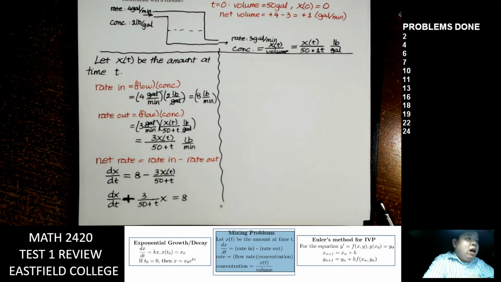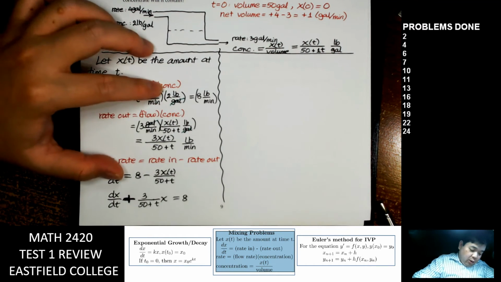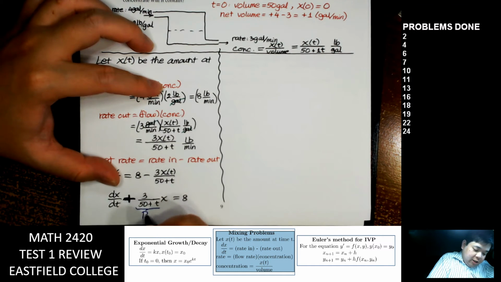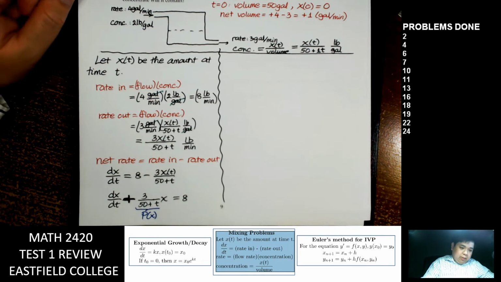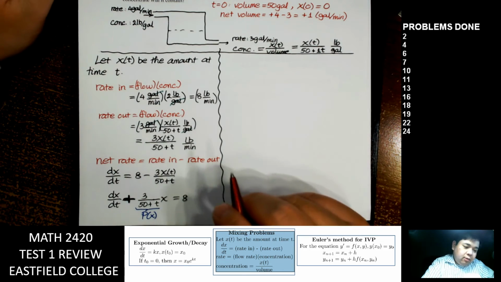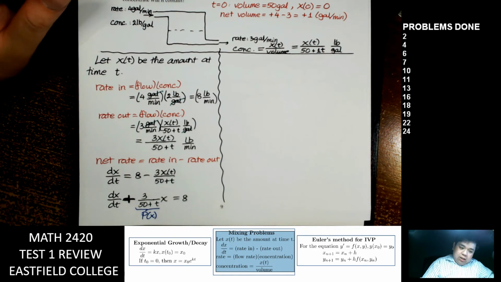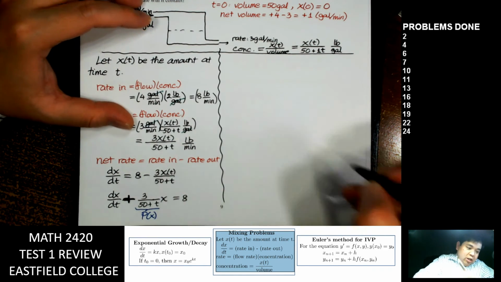If we write it like this, definitely we have a linear first order equation, where this is going to be p of x.